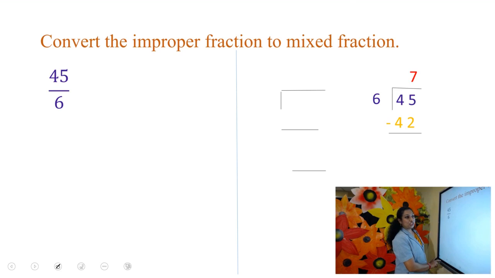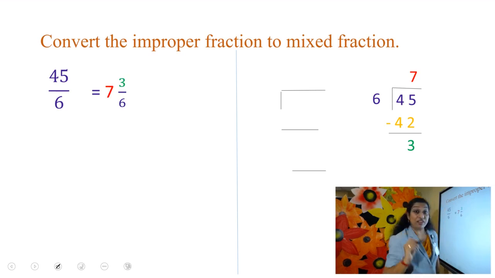When you subtract, 5 minus 2, 3. 4 minus 4, 0. So we got 7 and 3 by 6. I told you when you convert an improper fraction, the quotient will be our whole number. So 7, and the remainder will be our numerator and the divisor will be our denominator.